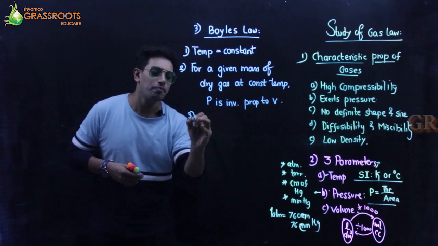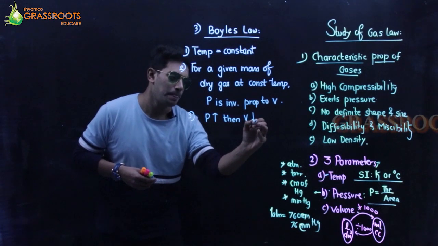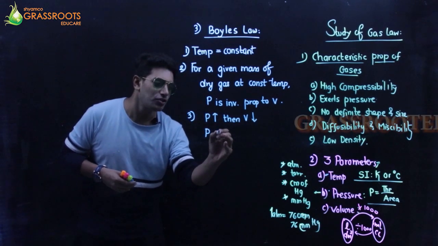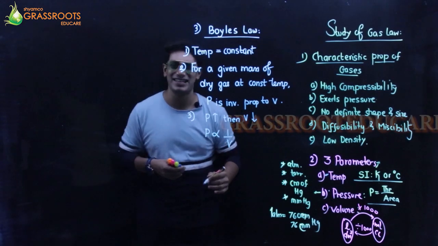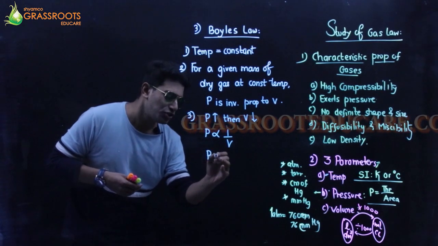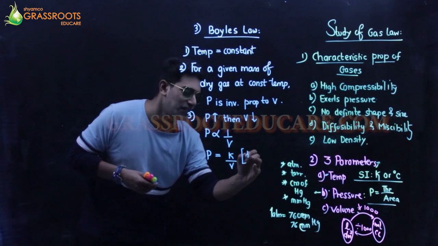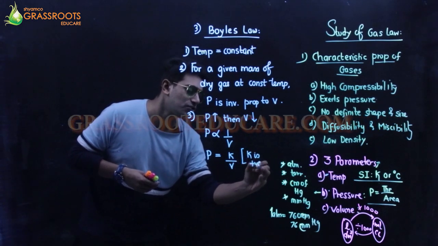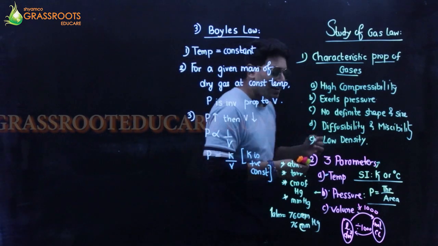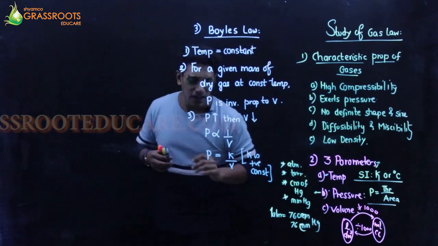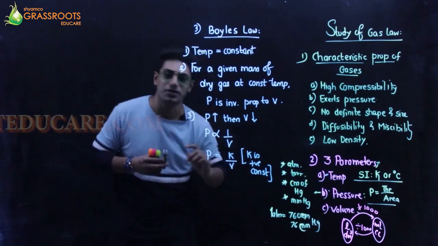That means if pressure increases, then volume decreases. So I can say pressure is proportional to 1 upon V. When you convert the proportionality to equality, pressure is equal to K upon V, where K is a positive constant. Obviously, in maths, physics or chem, if you convert a proportionality to equality, the rule is we put a constant.